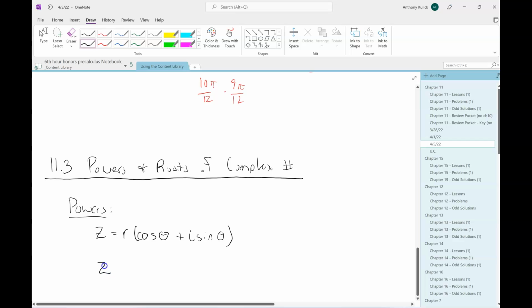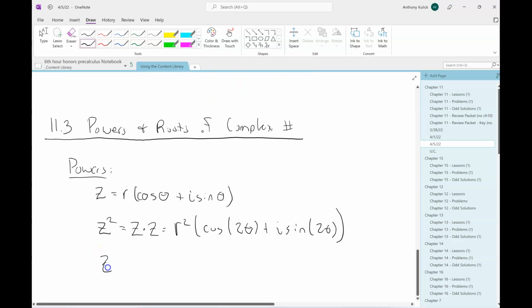If I want to do z squared, remember z squared is just z times z. So if I apply my multiplication rule, I would multiply the r's together and then add the thetas, to get that, right?